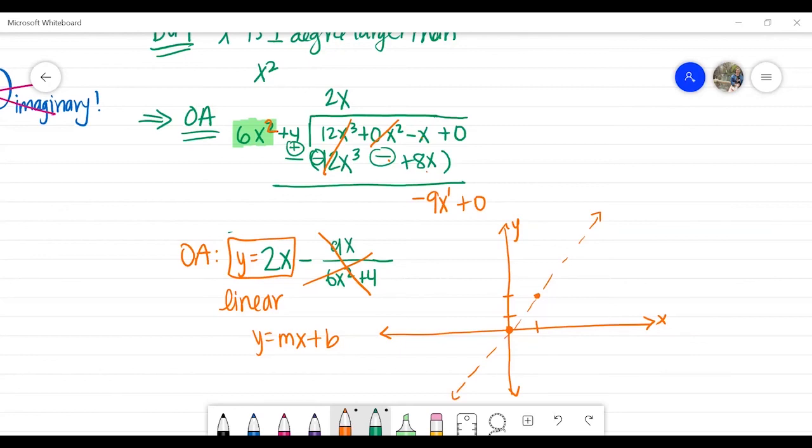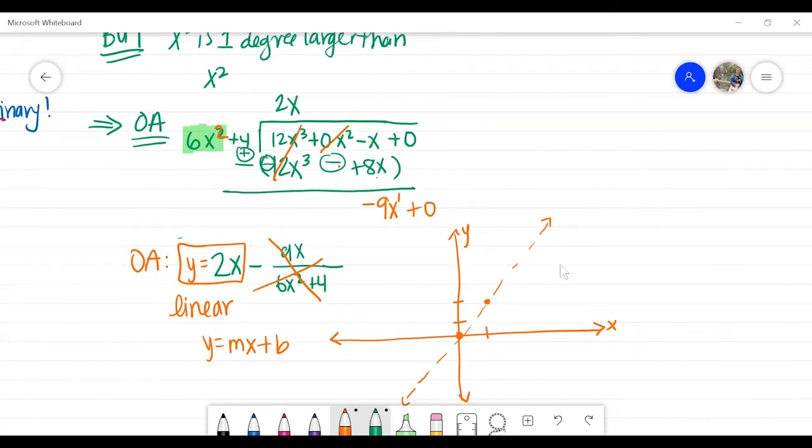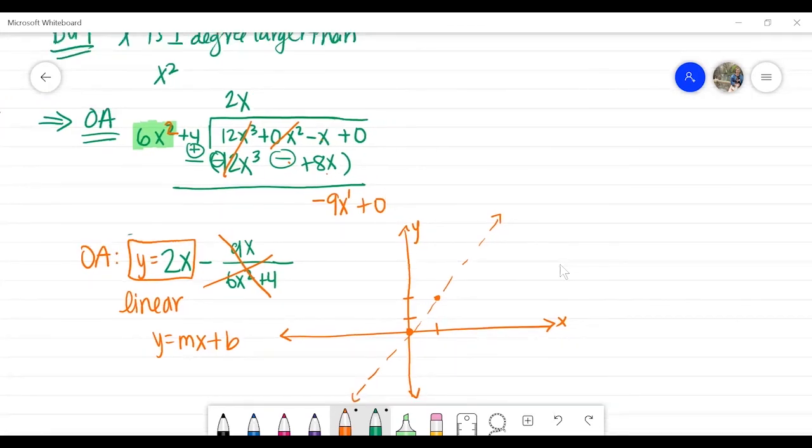Okay? Again, getting a tiny bit ahead of myself as far as just extra stuff that we'll see when we actually graph. If you want to know if your graph actually does cross this line, you set the graph, so that's 12x cubed minus x over 6x squared plus 4 equal to that 2x.